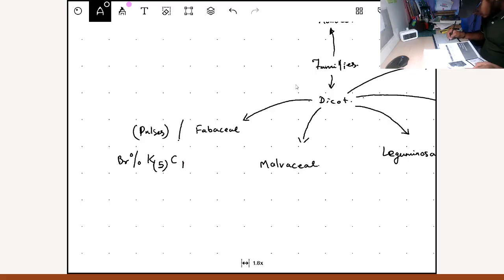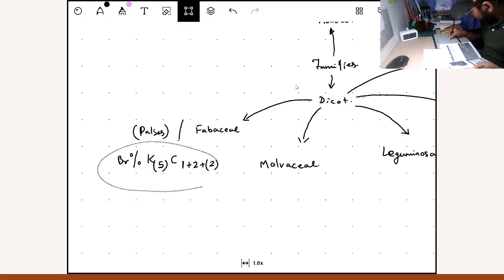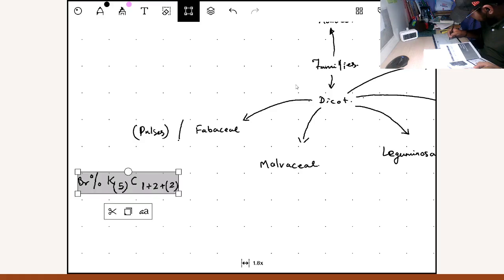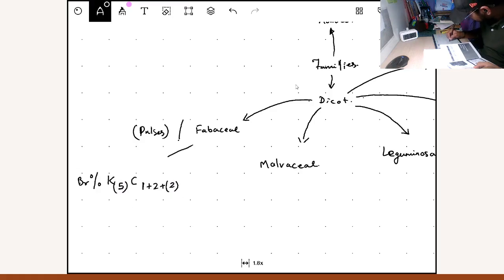So we have one, two, and two of them are joined. And we have androecium 9 plus 1, 10, diadelphous, while the posterior stamen is free.